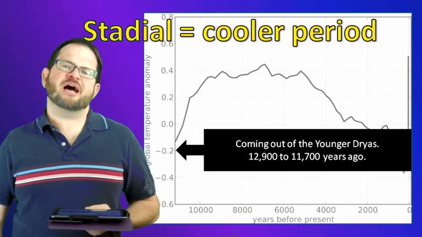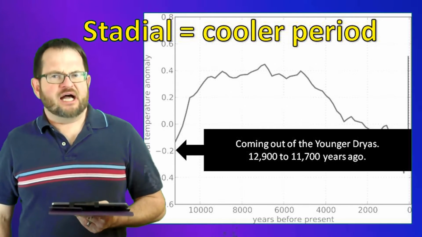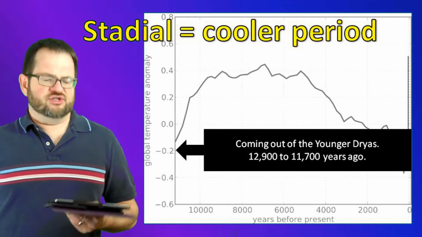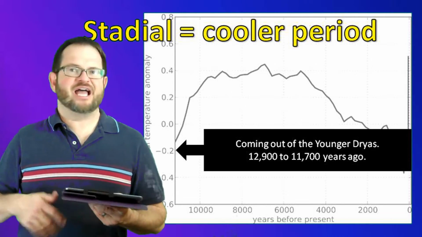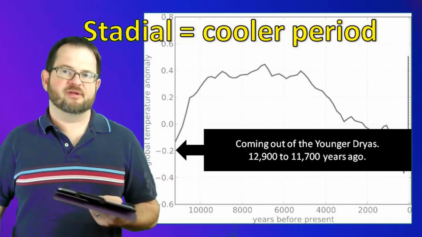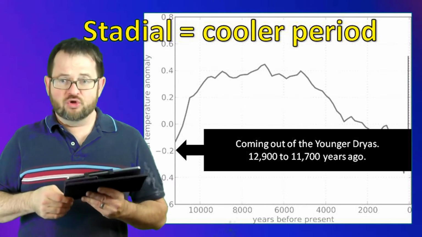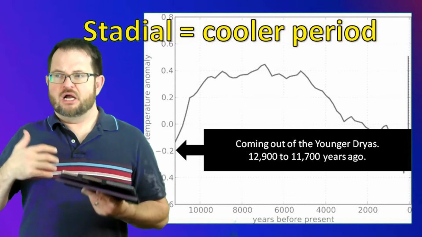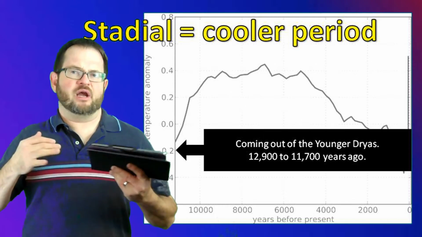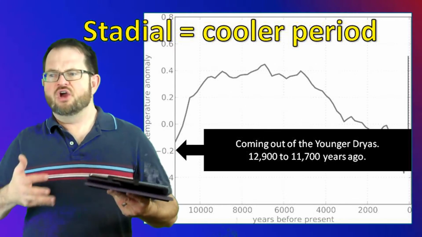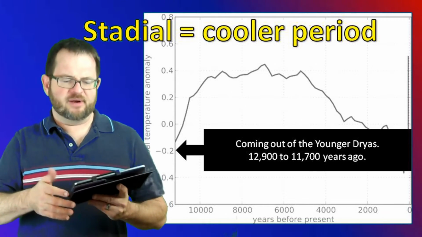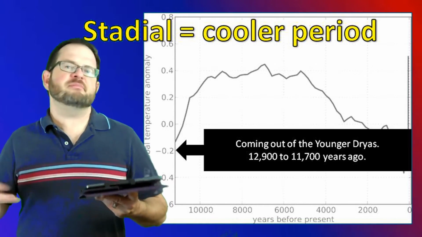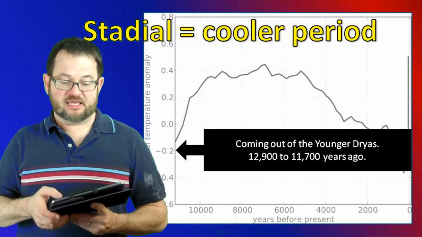It's an example of a phenomenon that we call a stadial. A stadial is a term in climatology that means a cooler period. This isn't a true ice age. There weren't ice sheets 2 miles thick over the upper Midwest or anything like that, but it was a cooler period where glaciers were advancing, where crops would have been failing, where certain species were experiencing extinctions, etc. A period of maybe on the order of a few hundred years where something like that was happening.